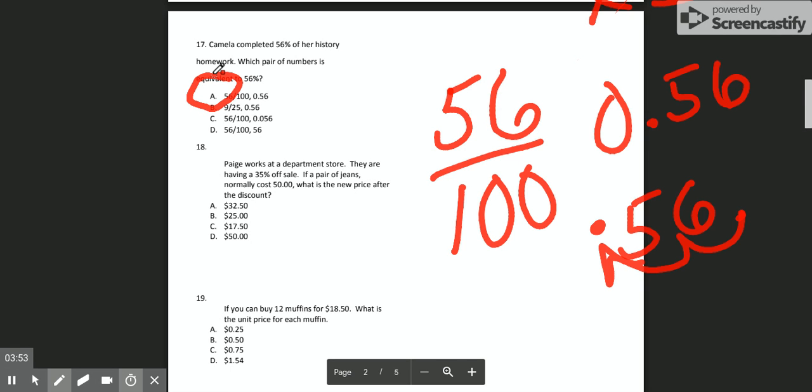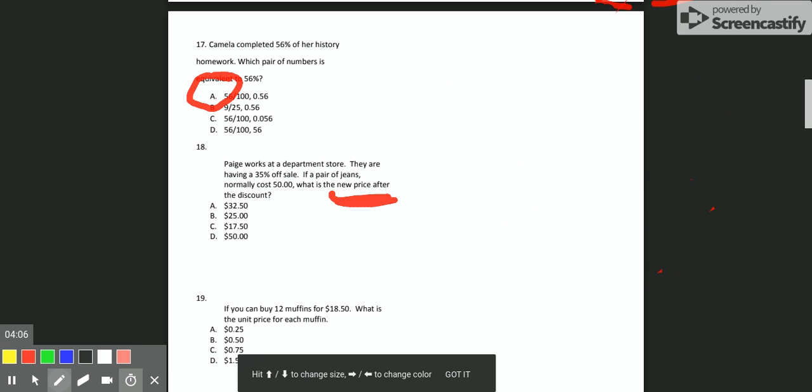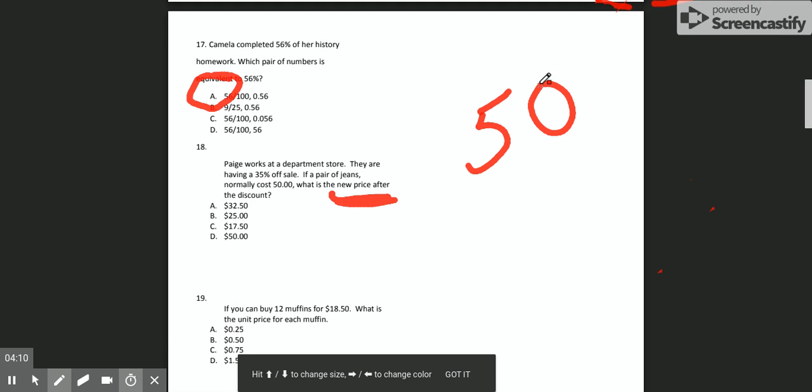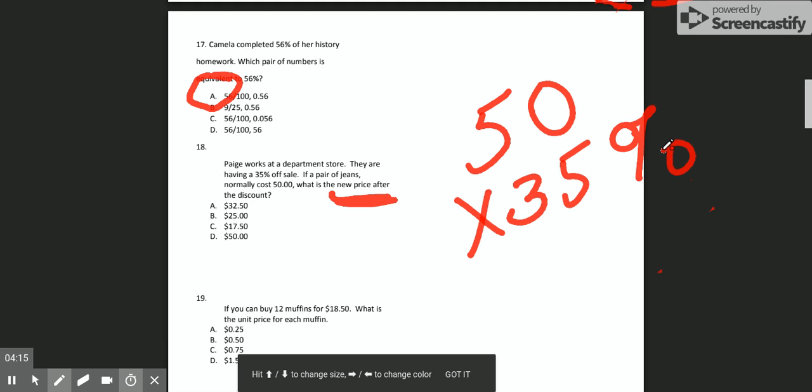Okay, number 18. Let's see, what's the new price after the discount? So it wants to know what's the new price, not what the discount is, but what is the new price. So we're going to take 50 times 35%, and you can hit the percent sign in your calculator.